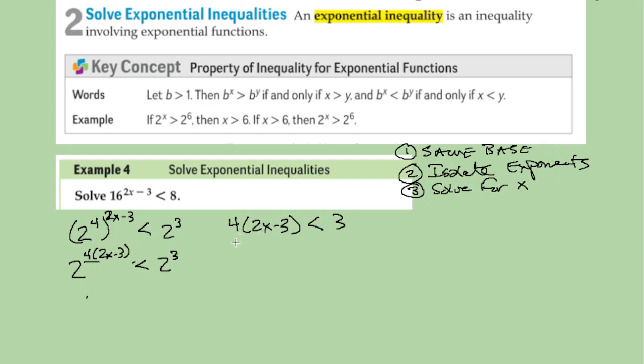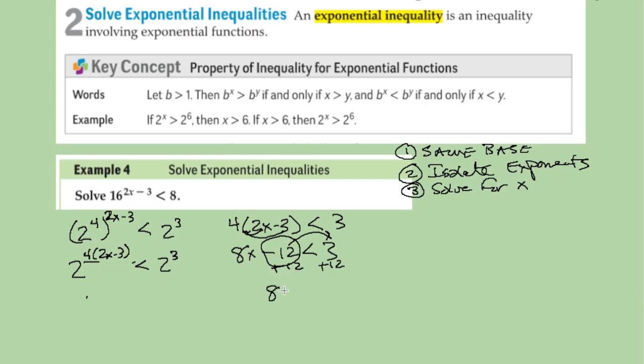And then it's just a matter of solving it the way you know how to solve inequalities. Let's do our distributive property. 4 times 2x is 8x. 4 times negative 3 is negative 12, minus 3. Okay, let's move that over. Now, when you add or subtract, when you add negative numbers, you're not flipping anything.